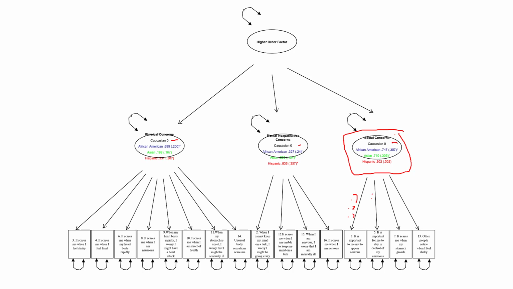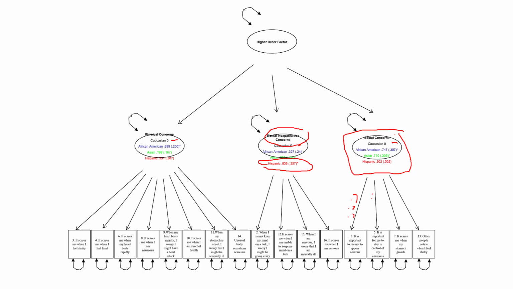So we found that for mental incapacitation, people who self-reported as Hispanic, and these are college students, the University of Virginia, so they're self-reporting being Hispanic, and they reported higher amounts of mental incapacitation concerns. It's not a clinical group, so that's something to keep in mind.